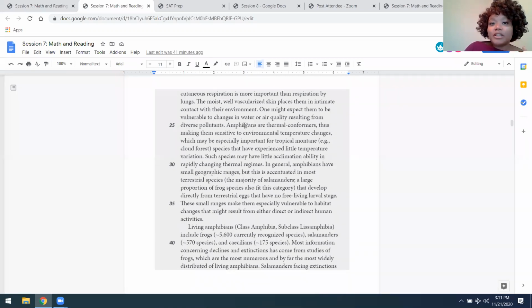So when you read that they're thermal conformers, and it makes them sensitive to environmental temperature changes, combining that with this line 29, right here, if you can see my cursor. Such species may have little acclimation ability in rapidly changing thermal regimes. Who knows what regimes mean? We can skip that, just get the main point. If it's changing quickly, it says they have little acclimation ability.